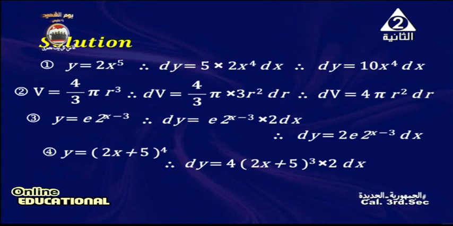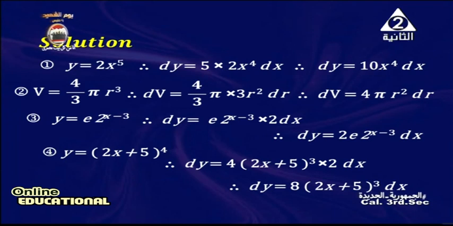Differential of 2x plus 5 is 2 dx. Then dy equals 4 multiply 2, 8 multiply the bracket 2x plus 5 all power 3 dx.